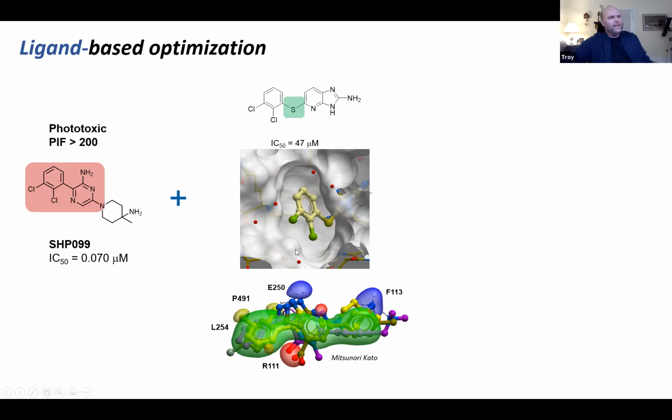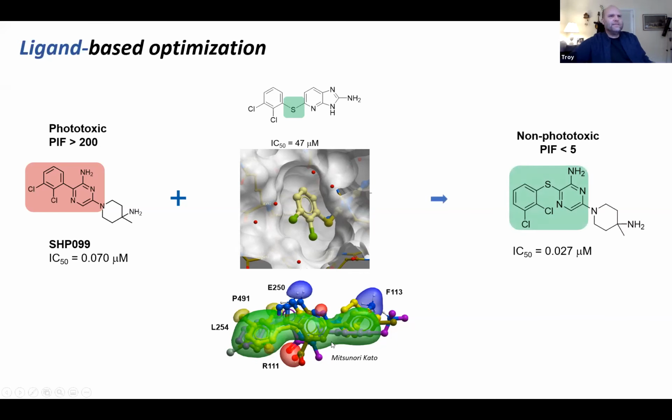So we went ahead and incorporated this thioether system into our hit molecule based on this analysis, and found that, breaking up this biaryl system, you no longer have the phototoxicity, and as an added bonus, we gained a little bit of potency there.